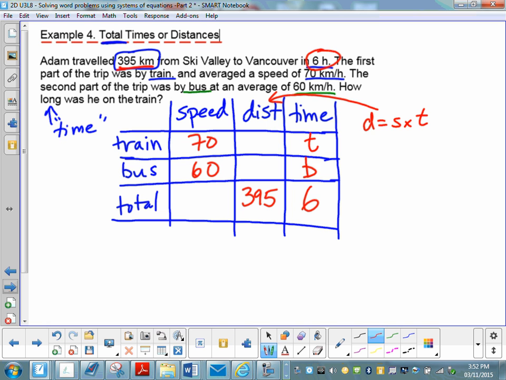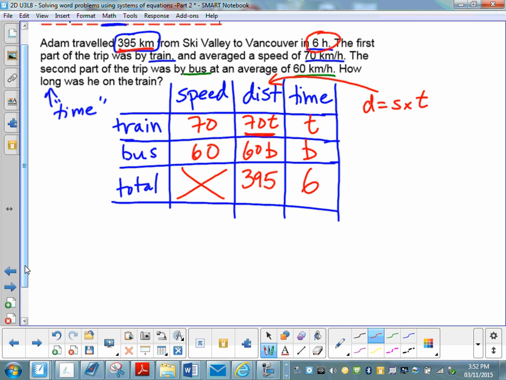So for this case here, 70 is the speed, T is the time. So that's going to be 70T. And then in the middle there, 60B is going to go there. We never discuss the total speed. It's always average speed that we really talk about. So we don't need that there.